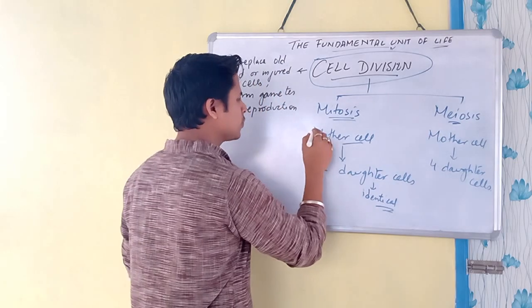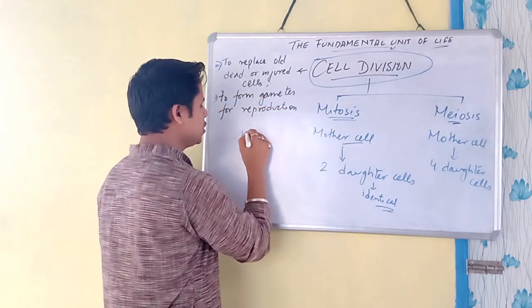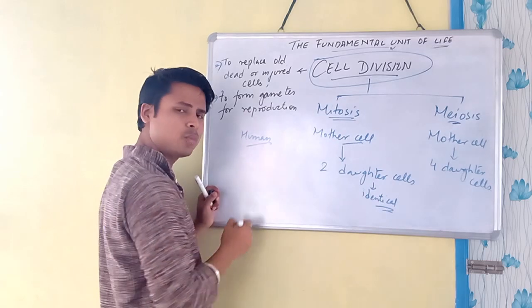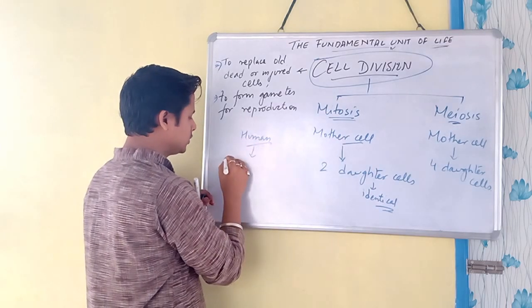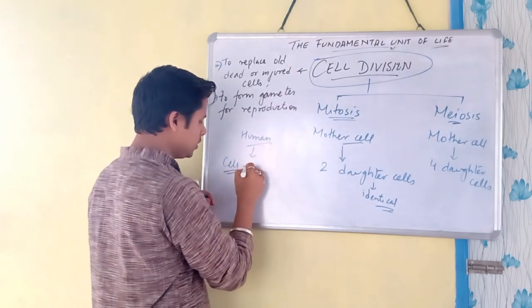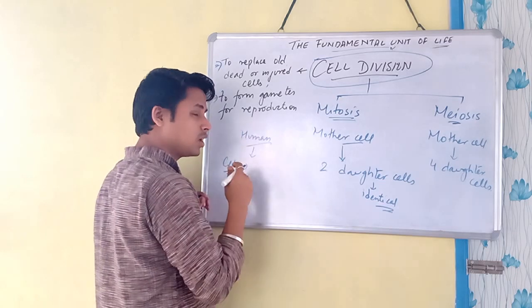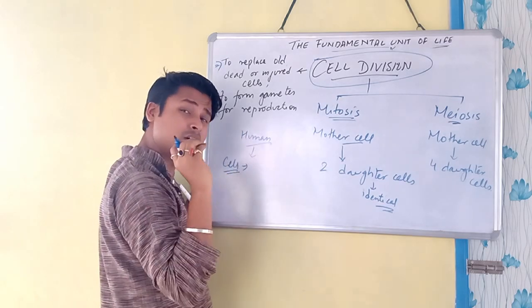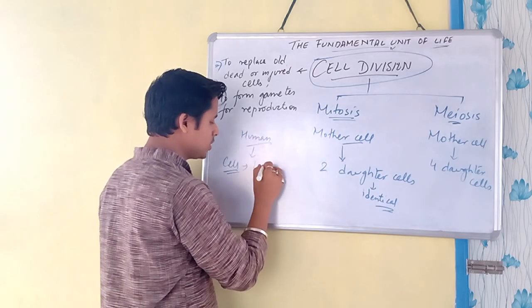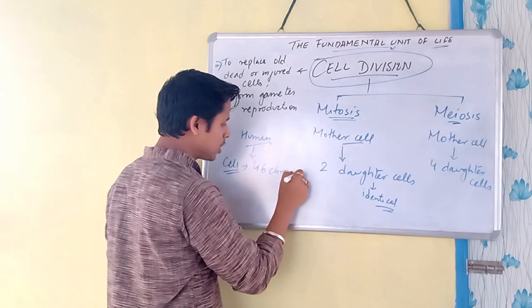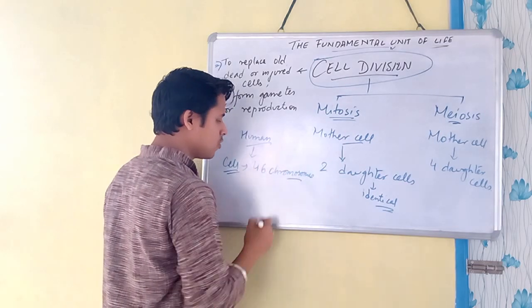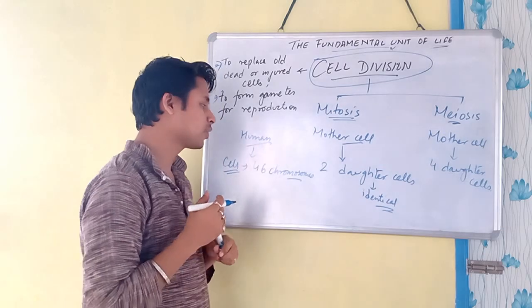Just taking an example, normally in a human cell, in the cell nucleus, what is present? Chromosomes. So in the nucleus 46 chromosomes are present. So every cell has 46 chromosomes in human, right?